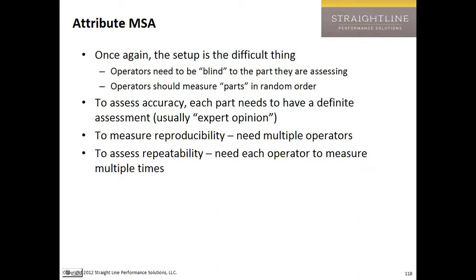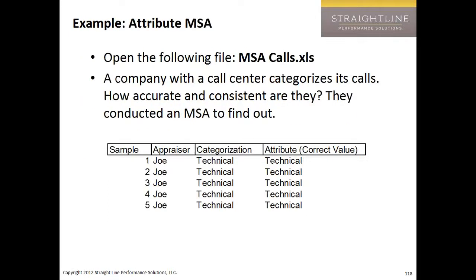Or I could simply ignore the repeats thing and just look for differences between operators. And that is usually helpful in and of itself. We're going to cover an example of that. Another thing is that usually we'll want to have some sort of expert opinion as to how exactly this should be categorized.